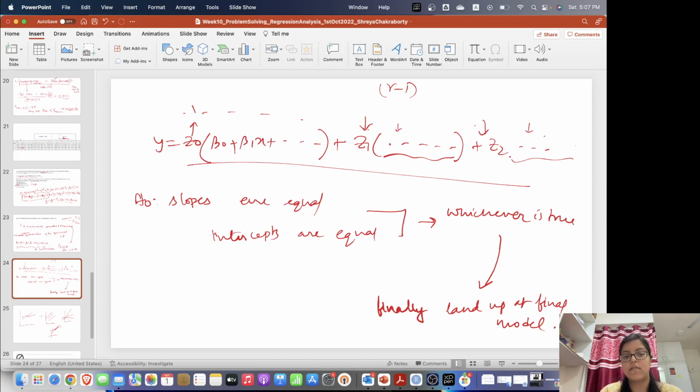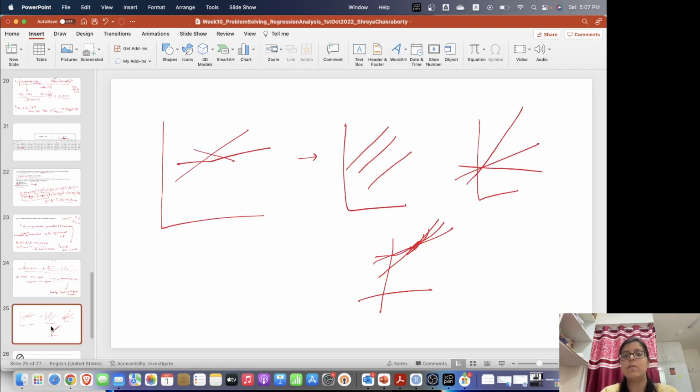Similarly, for a two variable situation, it's easier to explain and visualize. For three variables, there could be so many possible things that could happen, so based on that, you have to select. For example, I'll give you a very small example. Suppose your y variable is the salary of an individual and the x variable is gender, and you are in a firm which says that the starting salary for both genders is the same.